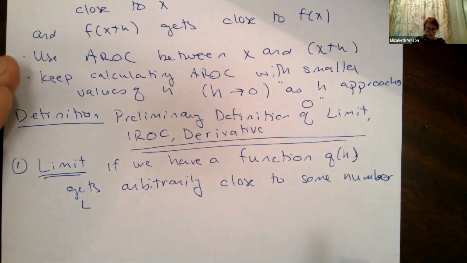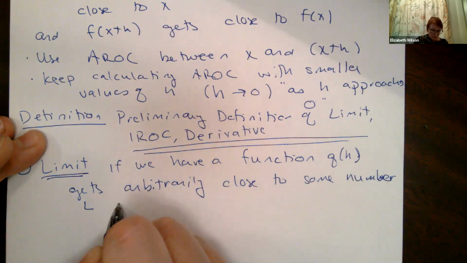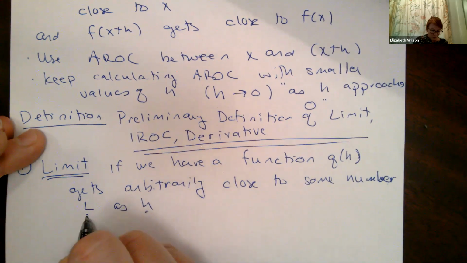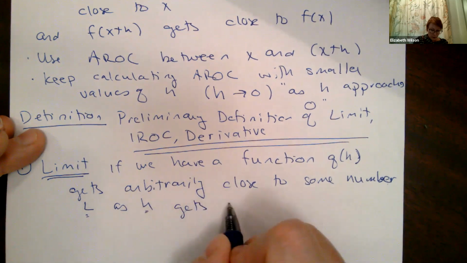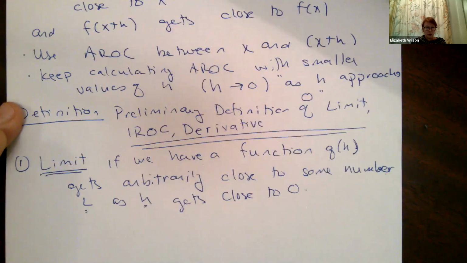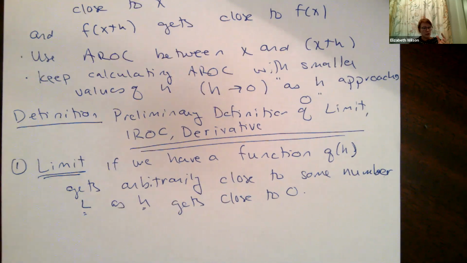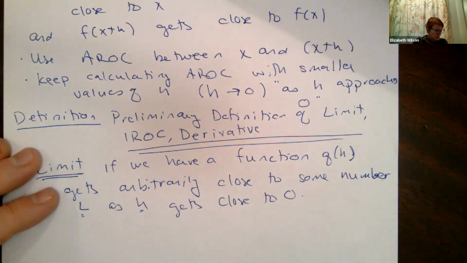So we've got this function, it's a function of h, and it's going to get close to some number L as h gets close to 0, okay? So as h is getting smaller and smaller, this function q of h is approaching a specific number. We'll be able to start seeing it next week. We're going to actually do this calculation out, so we'll see these numbers as we approach them, okay?